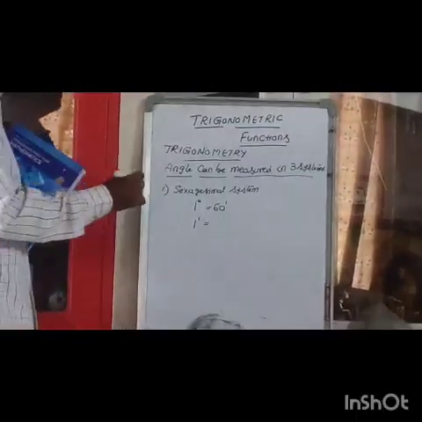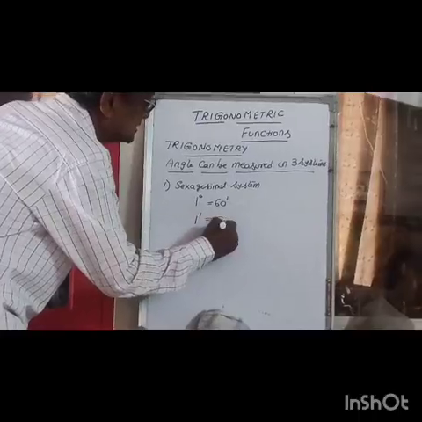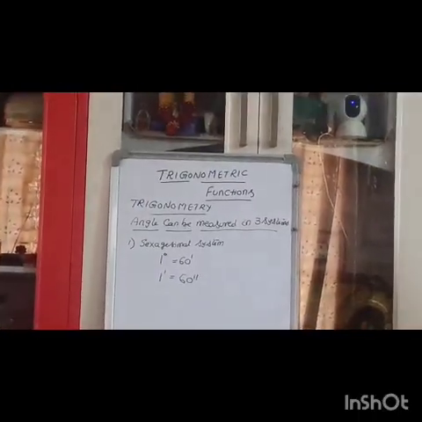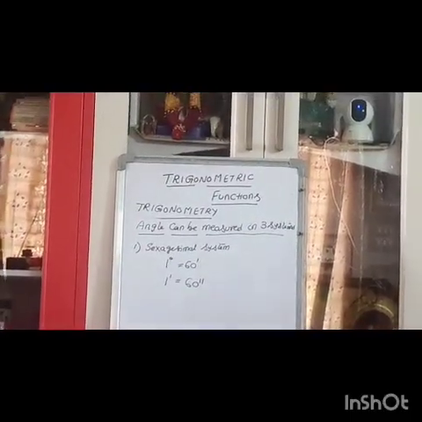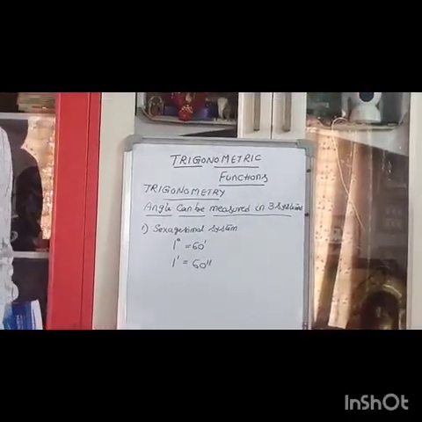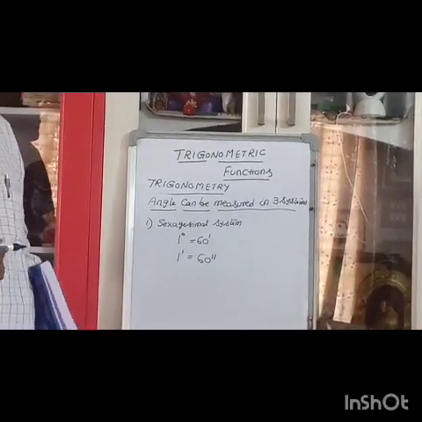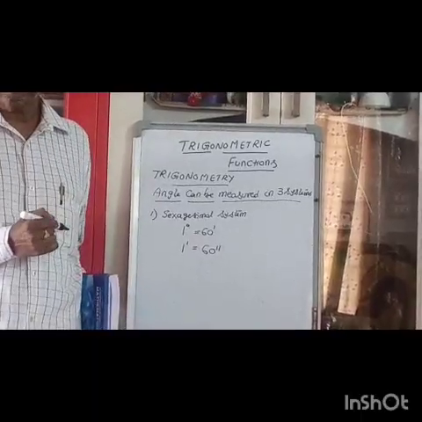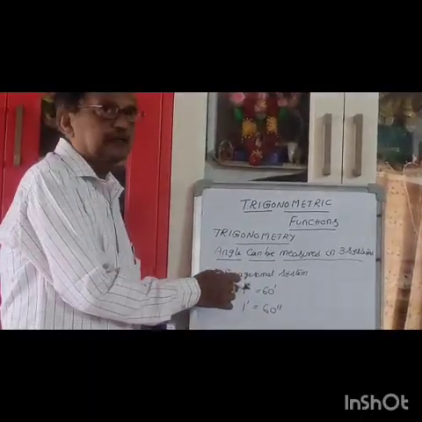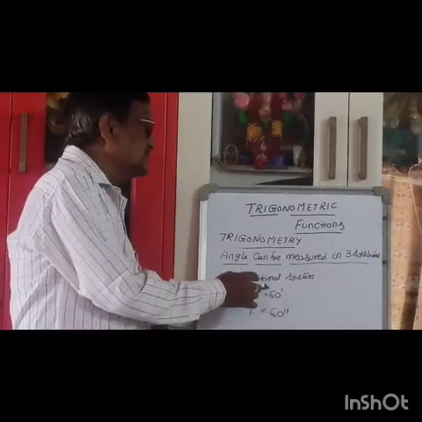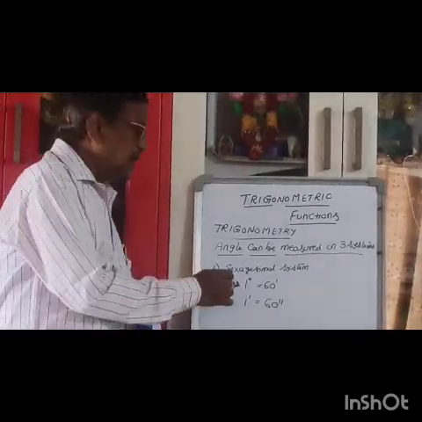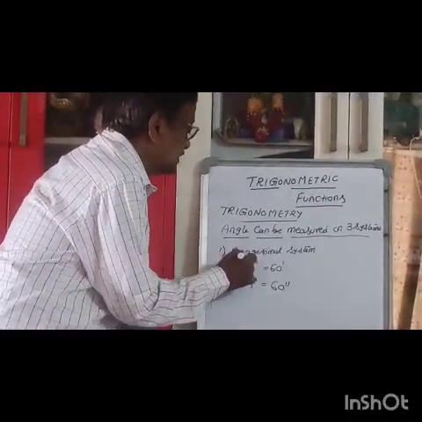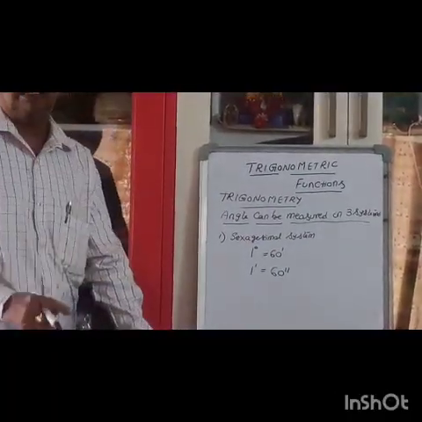So 1 minute is equal to 60 seconds. This is called the sexagesimal system. Sexa means 60; a person who completes 60 years is called shashti poorti in Telugu. That is how it got its name, because 1 degree is 60 minutes and 1 minute is 60 seconds, all are 60s.